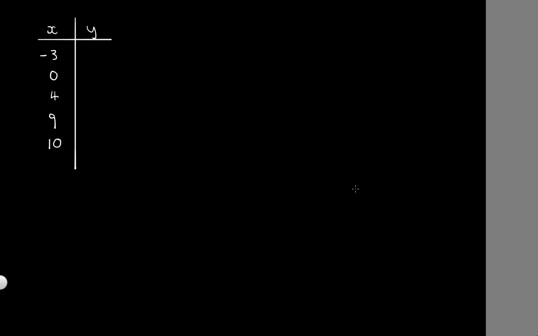Here are the corresponding values: -12, -3, -9, 24, 27. Now we're not going to use Desmos, and we're going to work out what the rule is for this table of values.